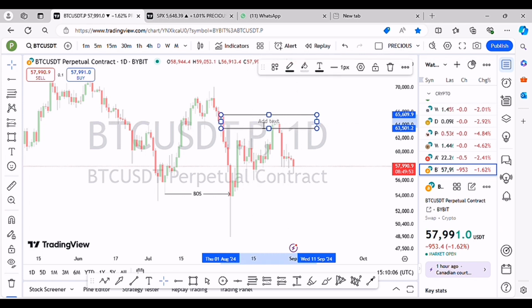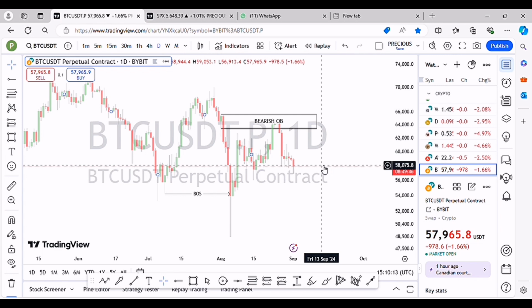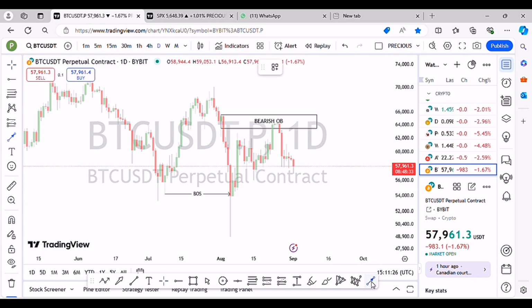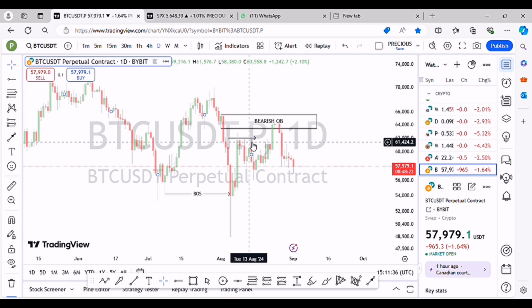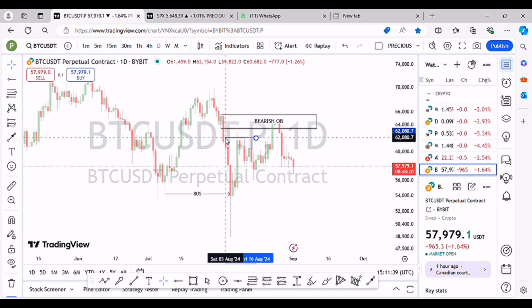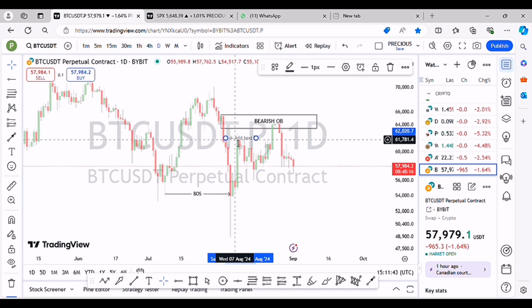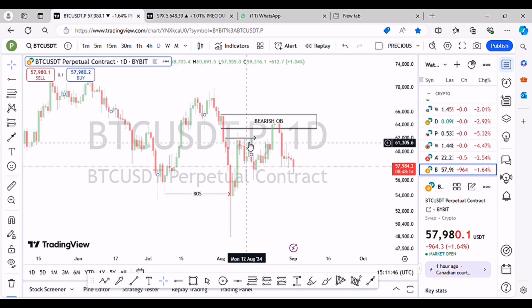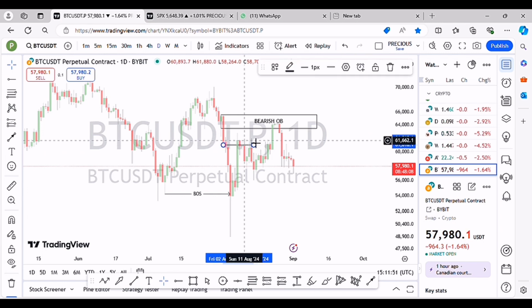You can see I'm marking the last green candle before the market started going down impulsively. So I've marked my bearish order block, and the last three consecutive candles after my order block is my FVG.